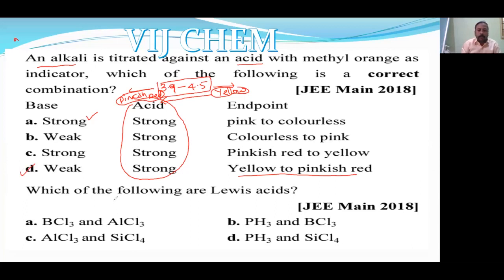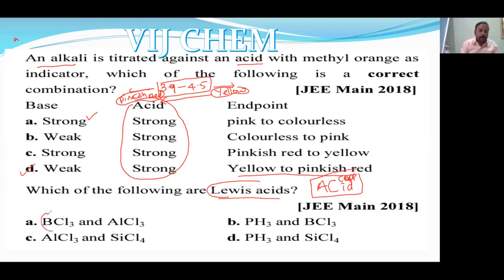Then, which one of the following is a Lewis acid? For Lewis acid, acid should accept. This is a memory technique: acid accept. Acid will accept a lone pair of electrons, and both should be acceptors. The simple thing is that both should be electron deficient centers.